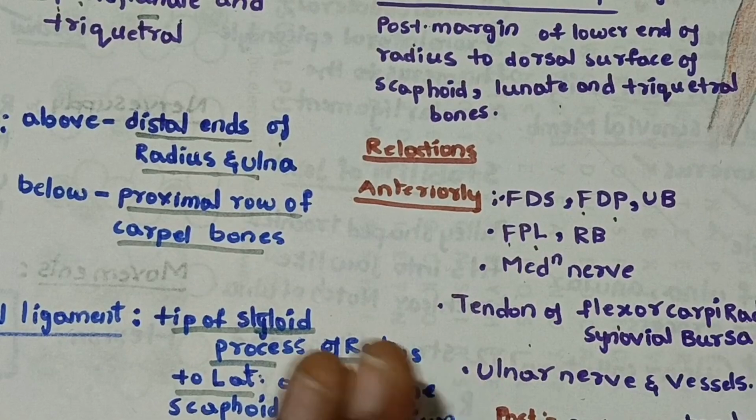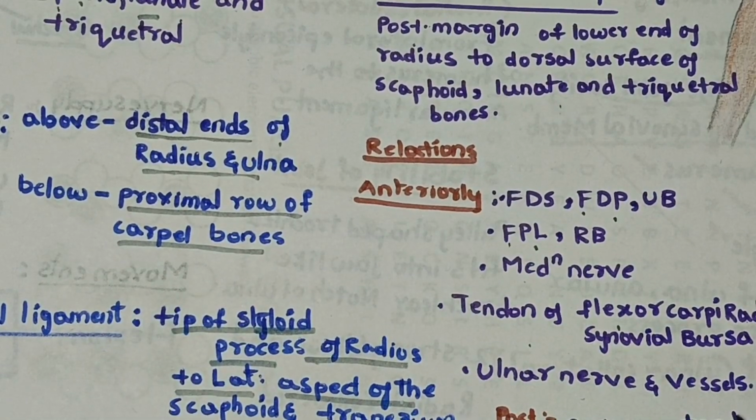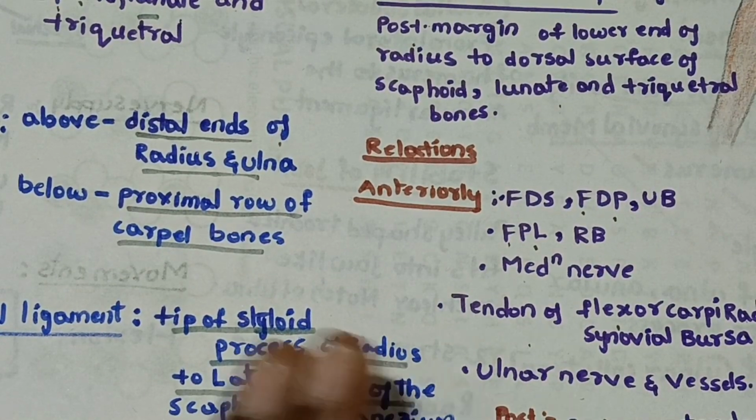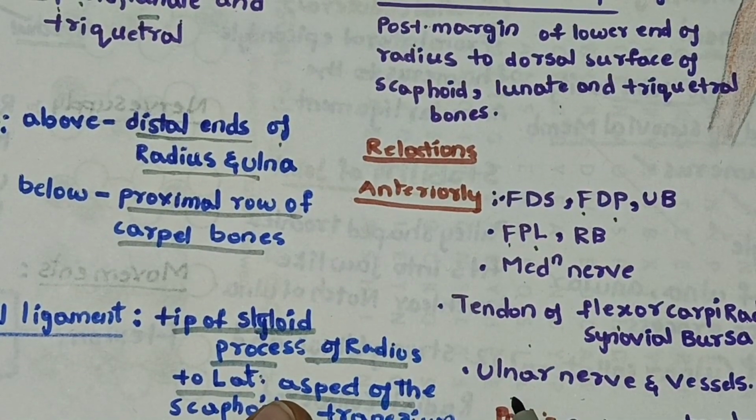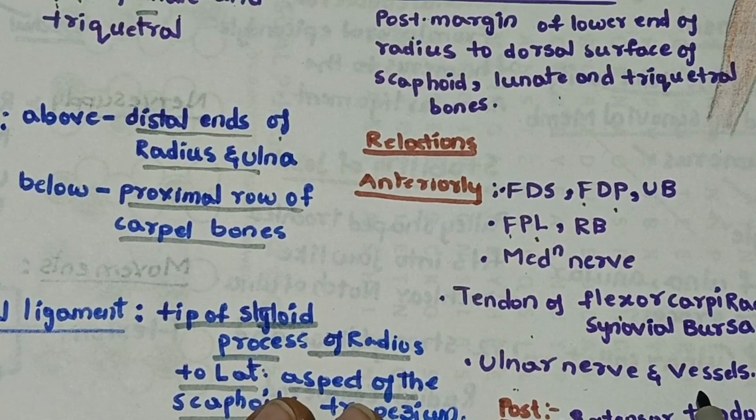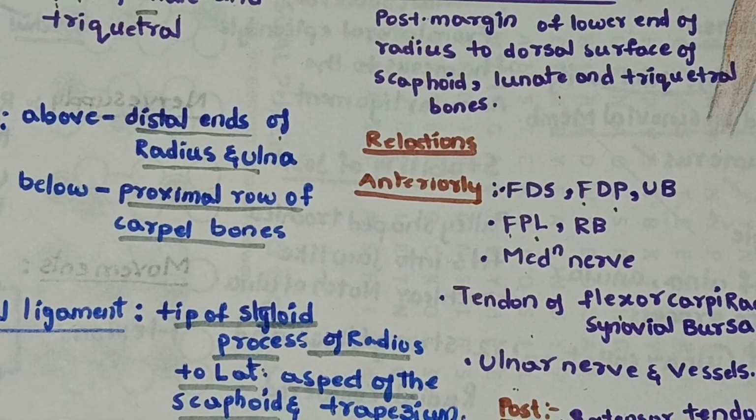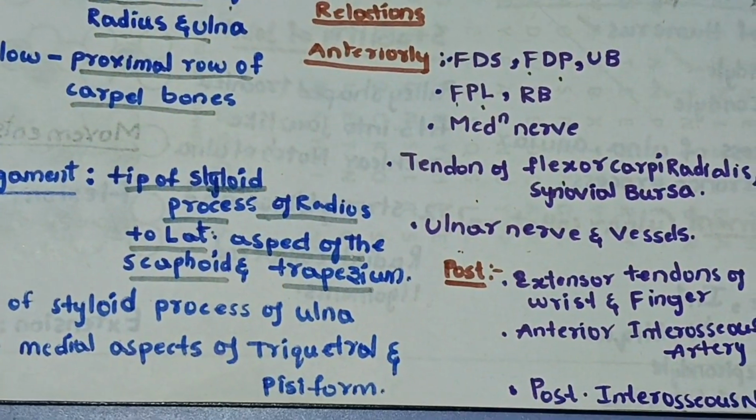The tendon of flexor carpi radialis is associated with a synovial bursa, and along with them the ulnar nerve and its vessels are also anteriorly related to the wrist joint.